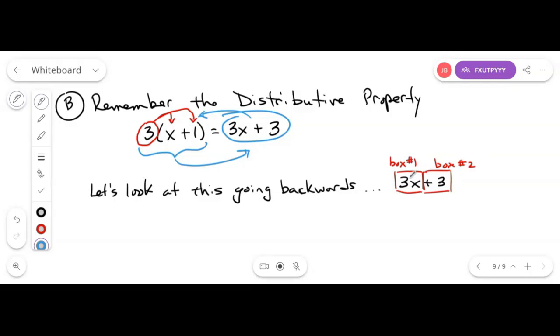Inside of box number 1, there is a 3 and an x. 3 times x. 3 is a factor, x is a factor. Inside box number 2 is a 3, and there's also an understood 1, because 1 is a factor of everything.